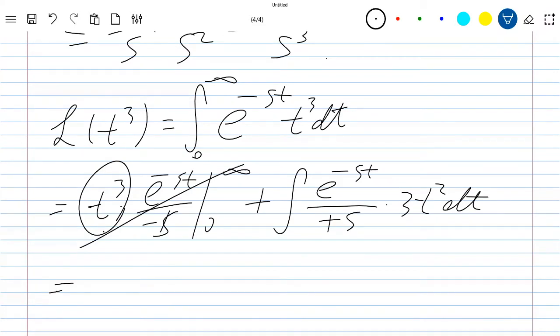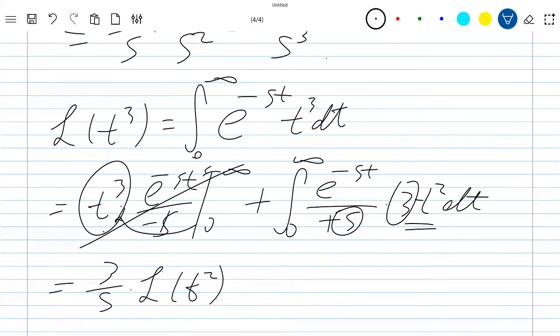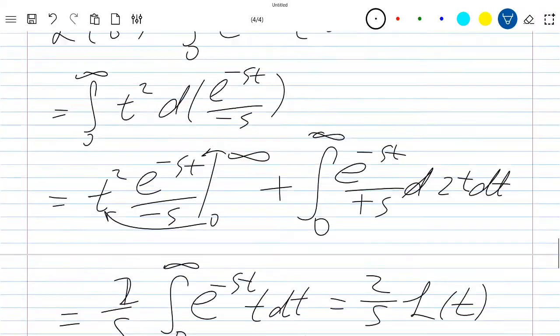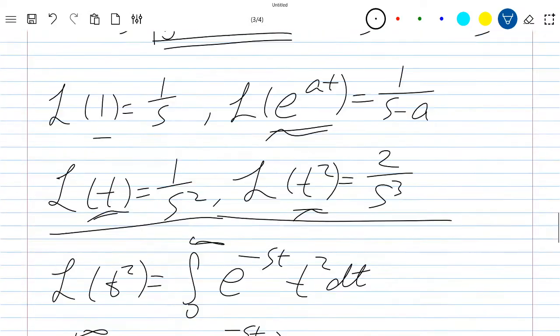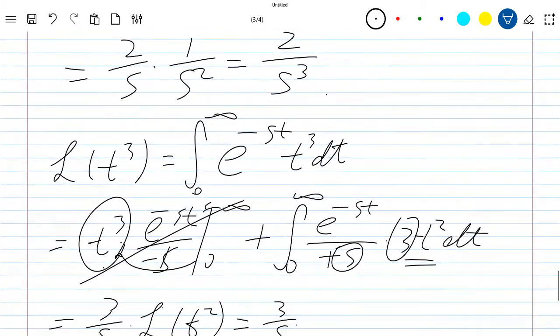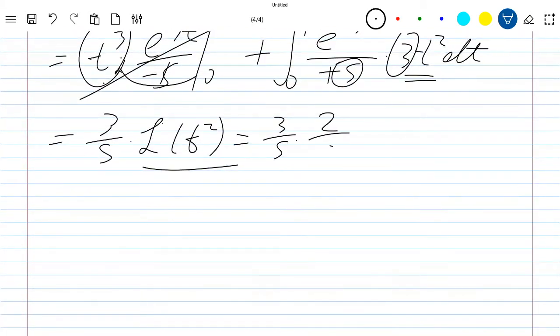Because this is 0 and that's also 0 when you plug in the limits. So you factor out 3 and s, then what's left is just the t squared down there. And then you have 3 over s times, what is L of t squared? It's 2 over s cubed. So you have 6 over s to the 4th.